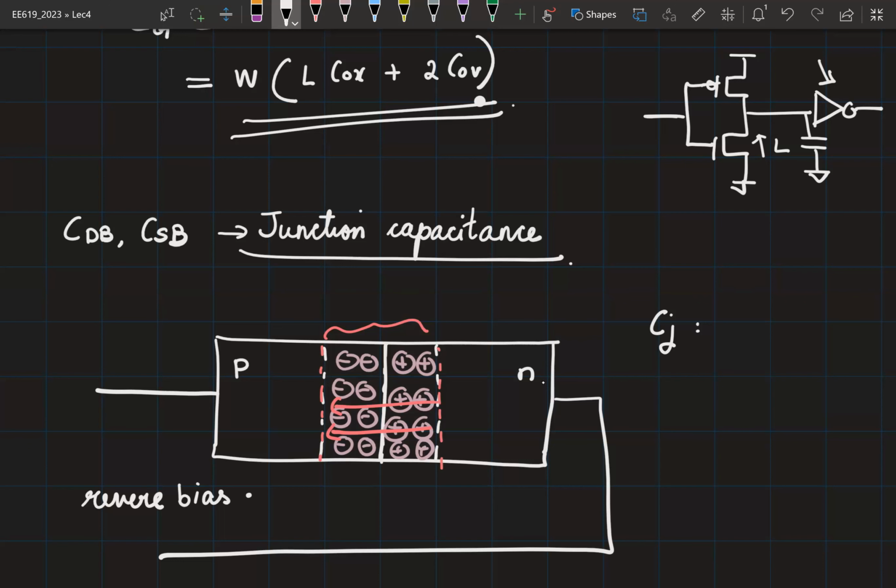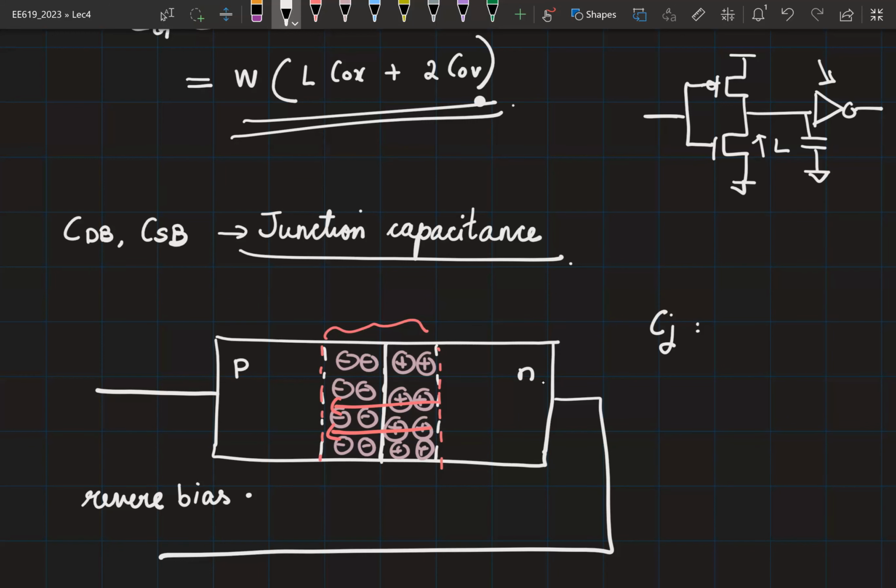Why? Is there another way to visualize this? As you increase the reverse bias voltage, the depletion width is increasing. It's as if you have a parallel plate capacitor and are moving the parallel plates away from each other. So the distance between the plates is increasing. Therefore, you can expect the capacitance to decrease.